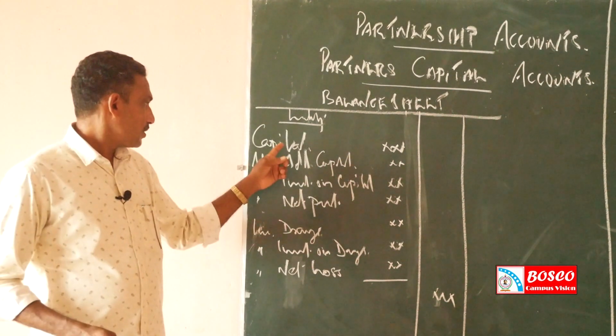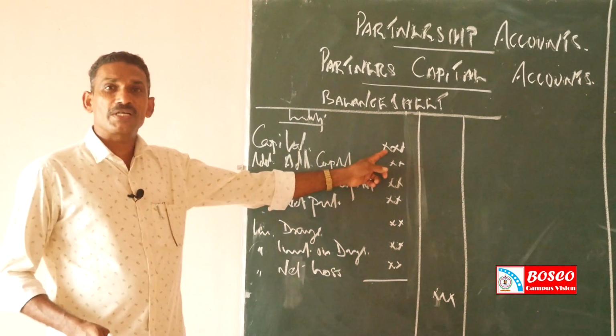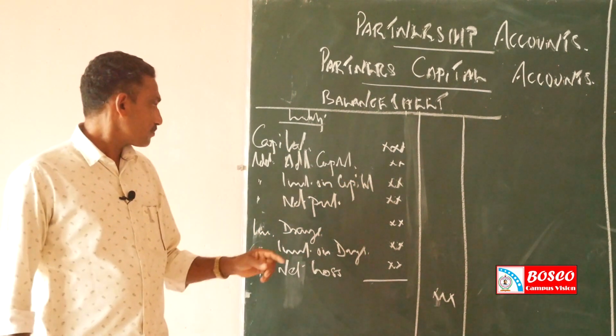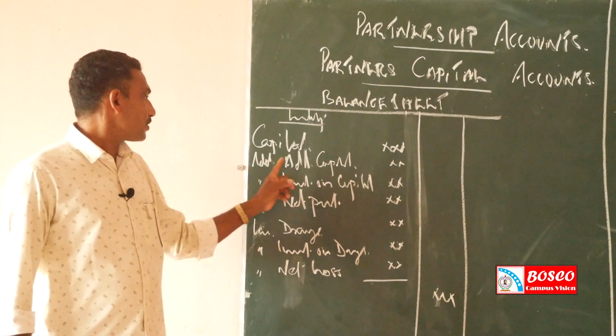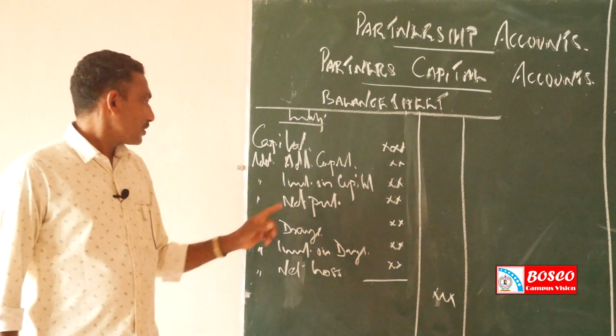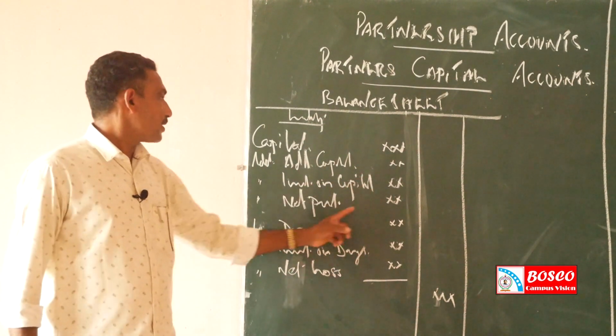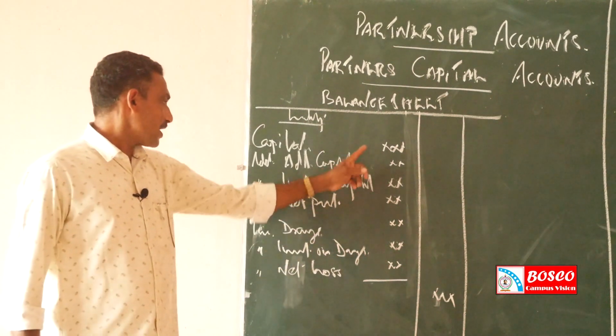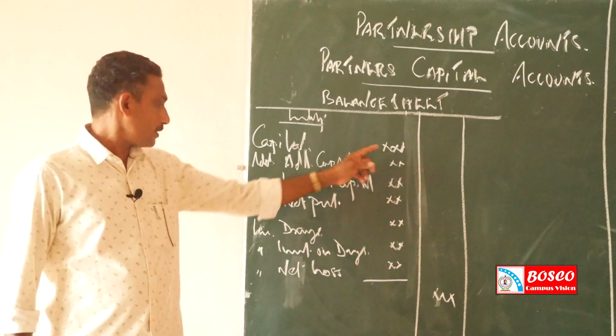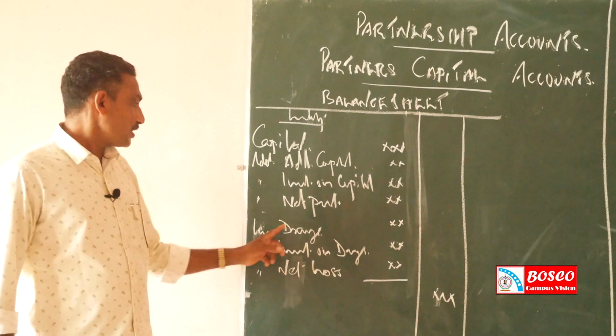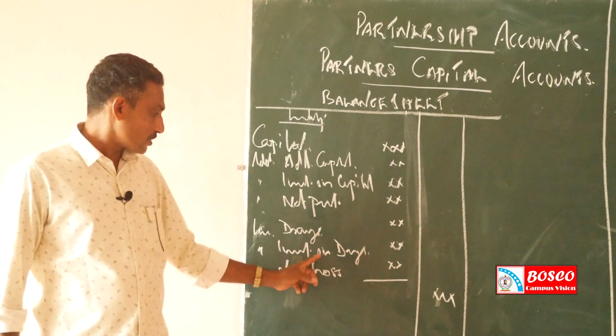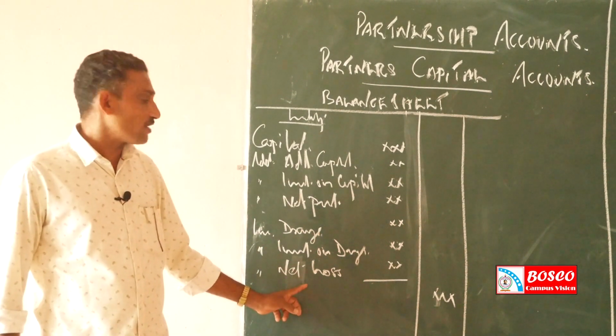That is, the opening capital will be taken as the first item. Then we will add the additional capital with it, then interest on capital, then net profit. All these items are added with the opening capital. Then we will deduct drawings, interest on drawings, then loss if any, etc.